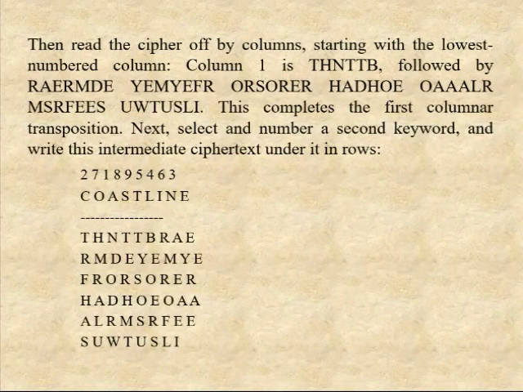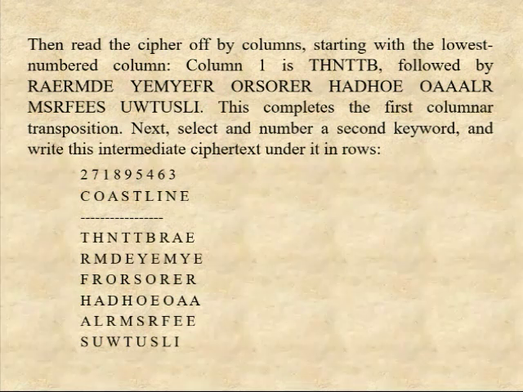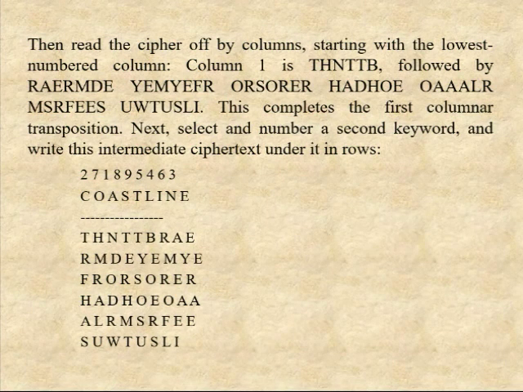Next, the process continues again. Select a second keyword and write this intermediate ciphertext under it in rows like the matrix. The second keyword is COASTLINE, and the key numbers are 27189546.